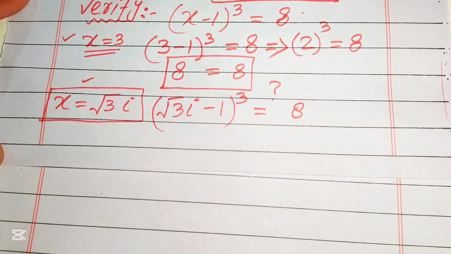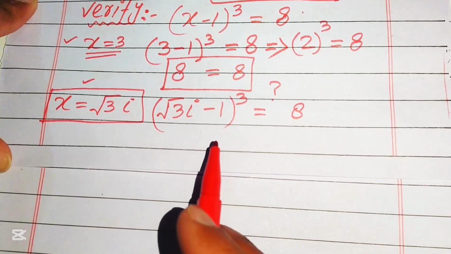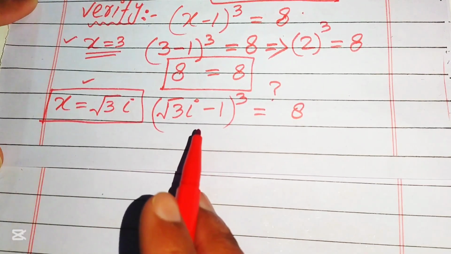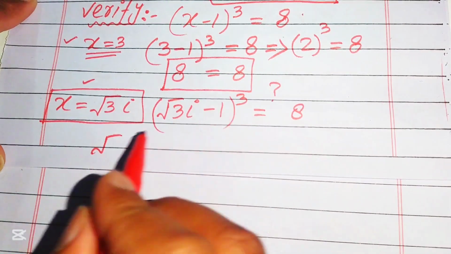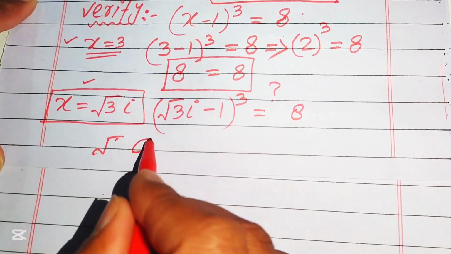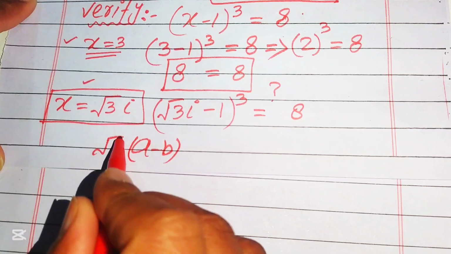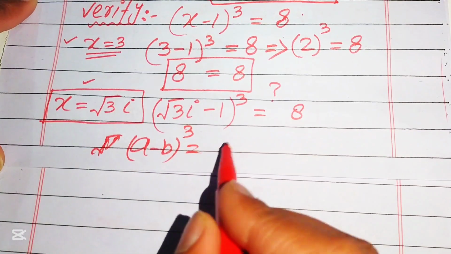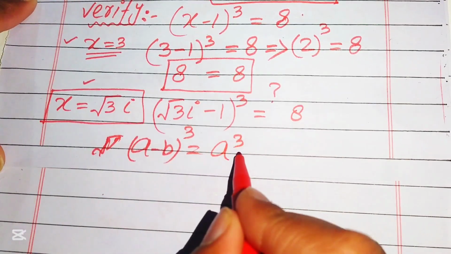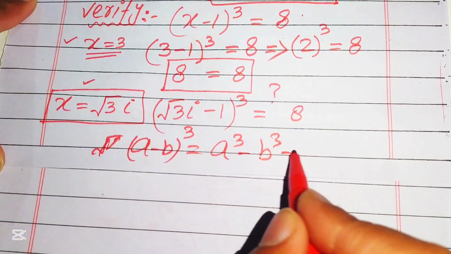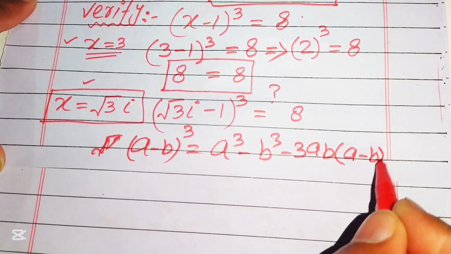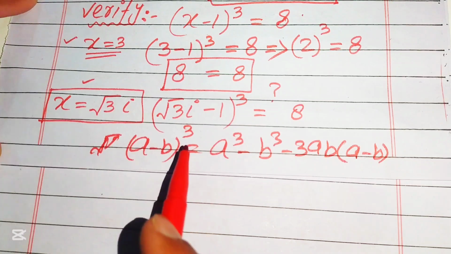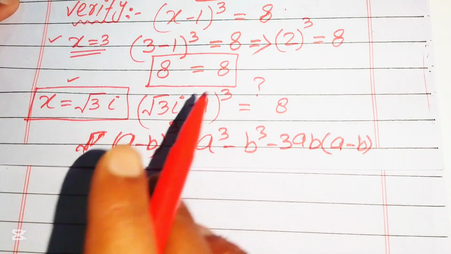In order to simplify this value, we can just open this cube formula, and we know that (a − b)³ = a³ − b³ − 3ab(a − b). Here we can apply this formula on the left hand side of this equation.